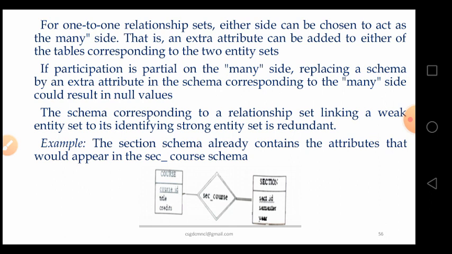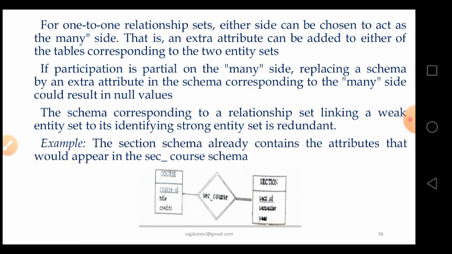These are discussed in this video, along with redundancy of schemas. Many to one and one to many relationship sets that are total on the many side can be represented by adding an extra attribute to the many side containing the primary key of the one side.